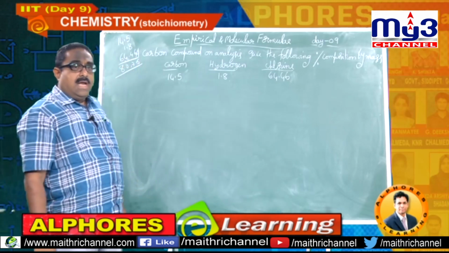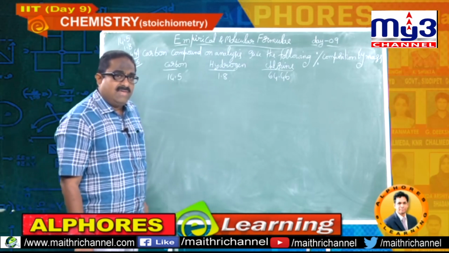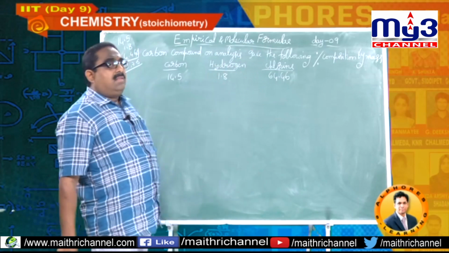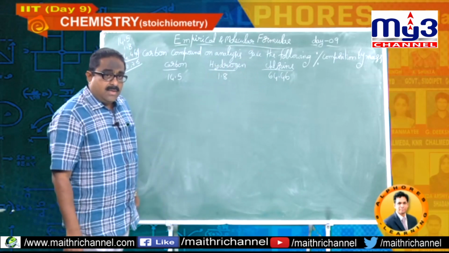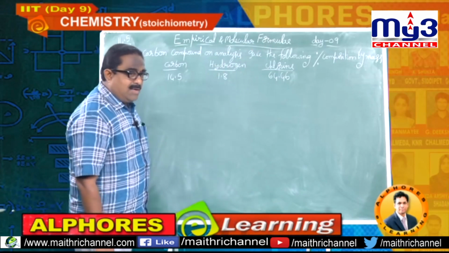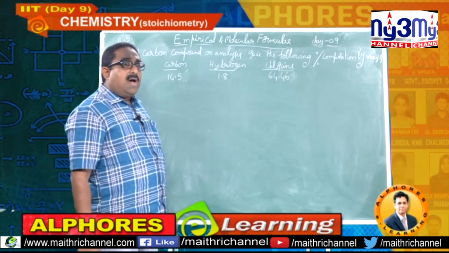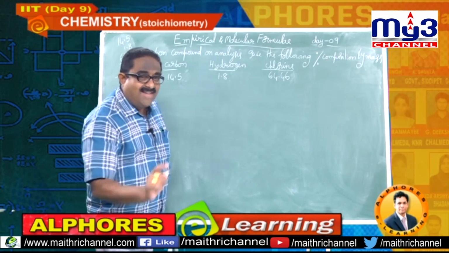It is only 80.76, and he did not mention anything in the data. So, default, I have already told you, you should take that as the mass percent of oxygen.